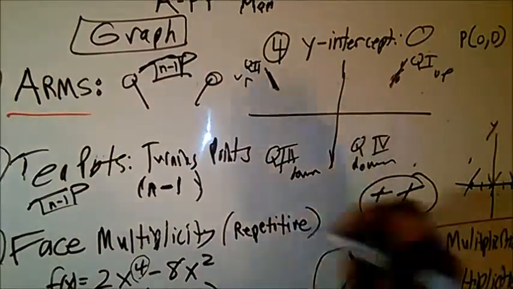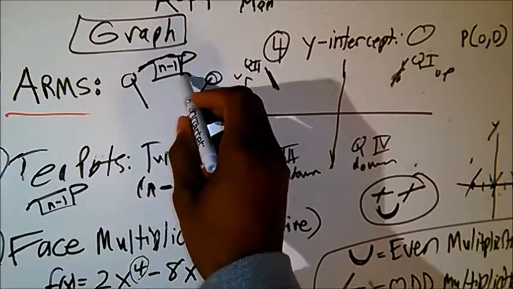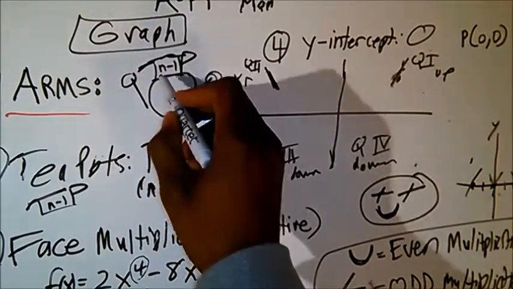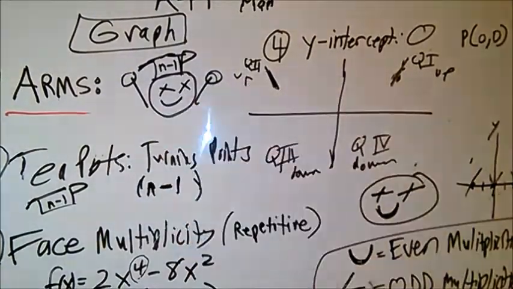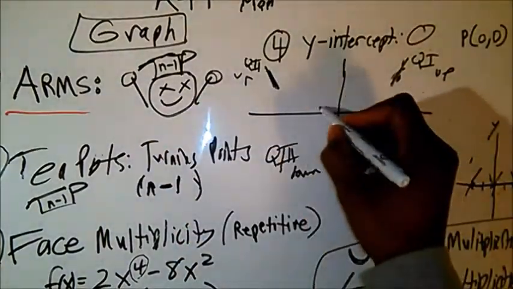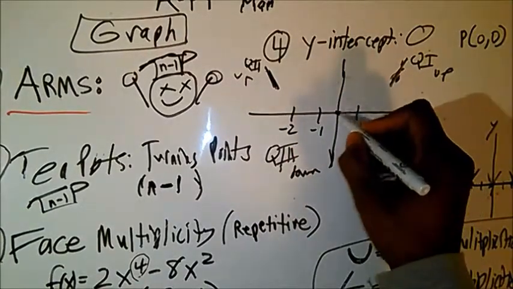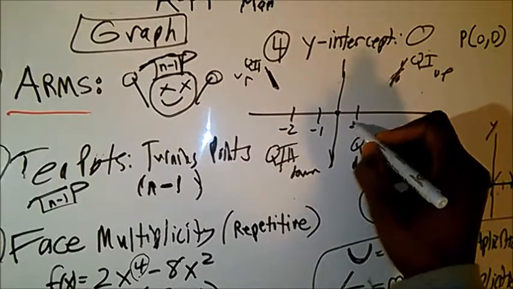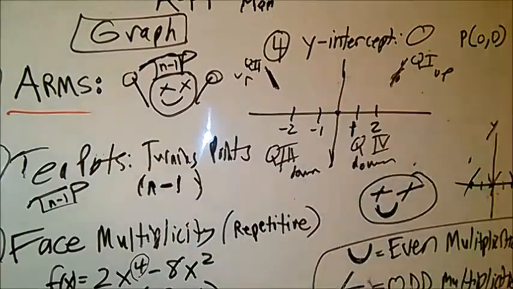Now we have to tie in the multiplicity. We know our multiplicity. If we look here, we have 2 odds and one even. We have a graph here. We have -1, -2. We have 0 here. We have +1 and +2.